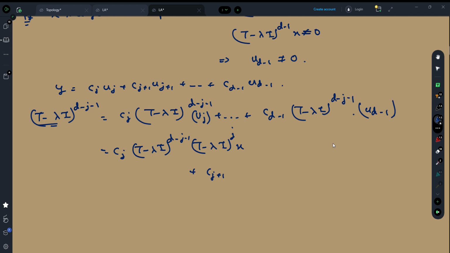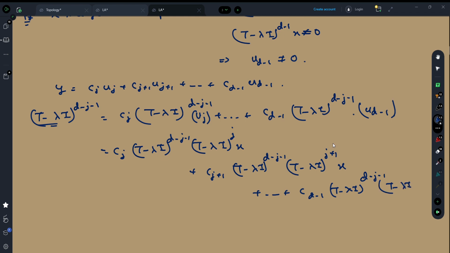So the next term is c_{j+1} (T minus lambda I)^{d-j-1} (T minus lambda I)^{j+1} x, and so on. We will have here c_{d-1} (T minus lambda I)^{d-j-1}. So u is T minus lambda I, so this is d minus 1, and you have here x.